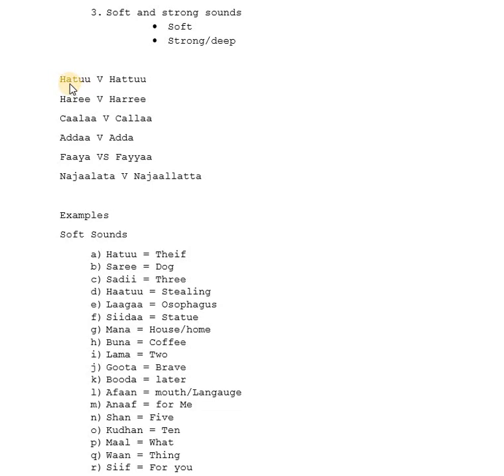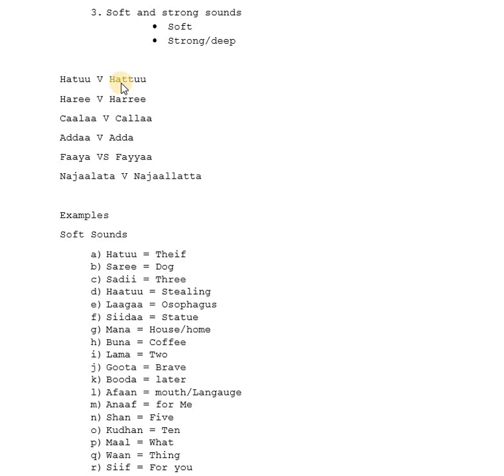Let me tell you what. Hatu means stealing. Hattu means thief. Hare means clean, clearing. Hare means donkey. Completely unrelated. The way we say it, we said in the previous video, the way we say it, we write in Oromo.